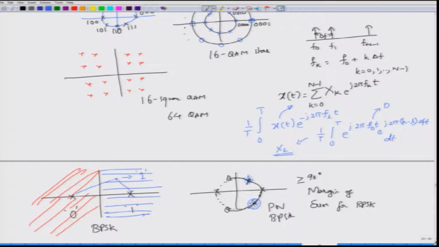For this to happen, of course, you need this only when k is equal to l, and when k is not equal to l, this integral should go to 0. That will happen when you look at the orthogonality of the basis signals, which are e^{j2πf_k t}.